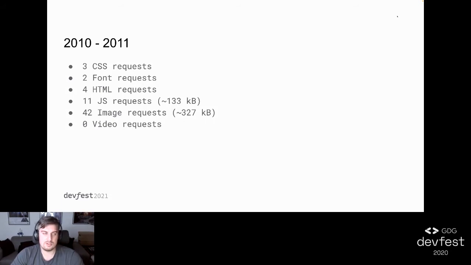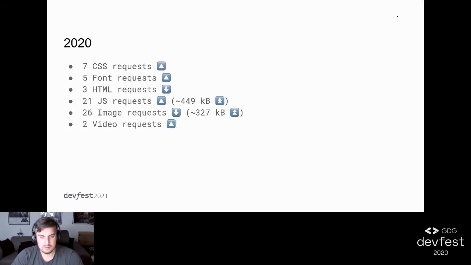Now, comparing this to last year, we are requesting more CSS files, more fonts, fewer HTML files, a lot more JavaScript. So instead of on average 11 JavaScript files, we now request 21. And as opposed to those being around 100 kilobytes, it is now 450 kilobytes. So we are requesting a lot more JavaScript.